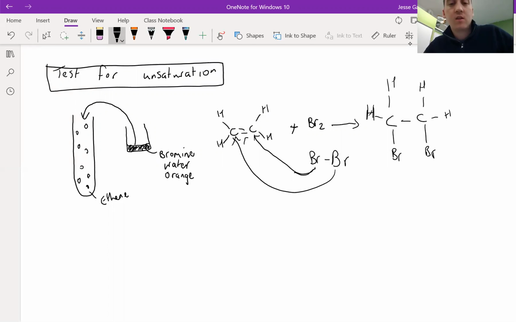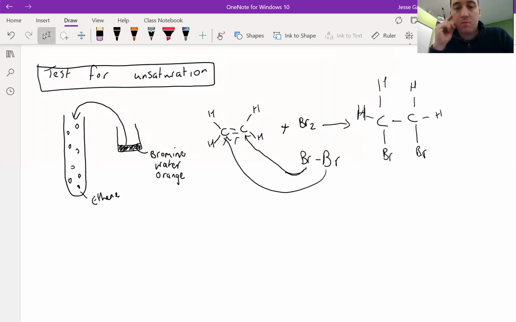If you've revised fully or you've done all of organic so far, you will recognize that as a specific type of reaction called ionic addition, which I'm not going to spend too much time on. And this substance happens to be colorless.